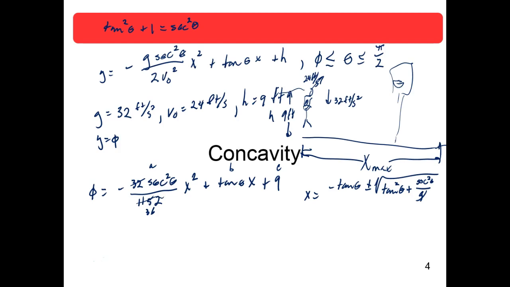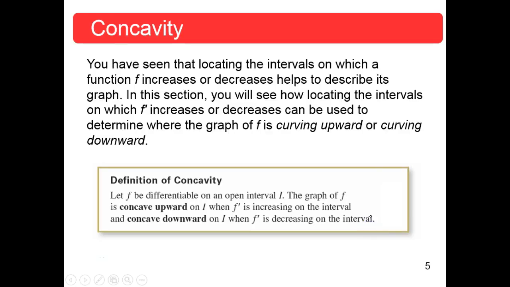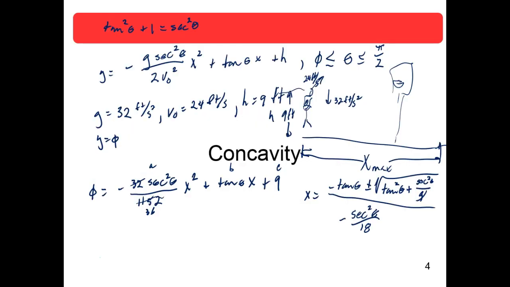Now all that divided by 2a, which is a minus secant squared theta over 18. That's 2 times a. Now that looks like a big mess, doesn't it? Let's see if we can clean it up just a little bit.